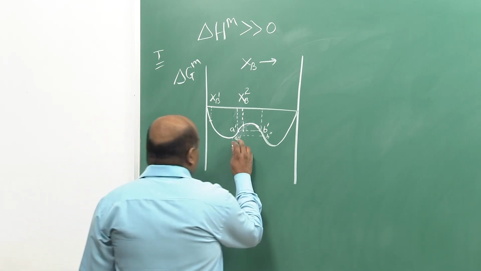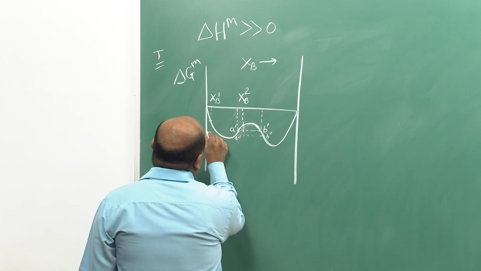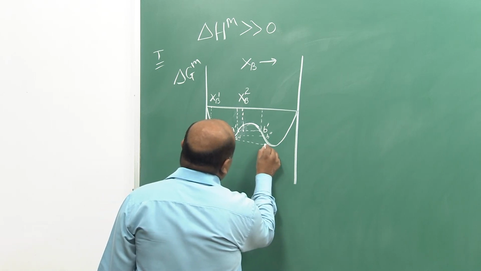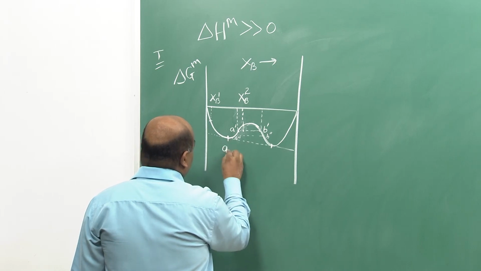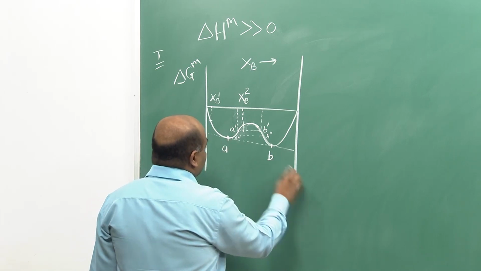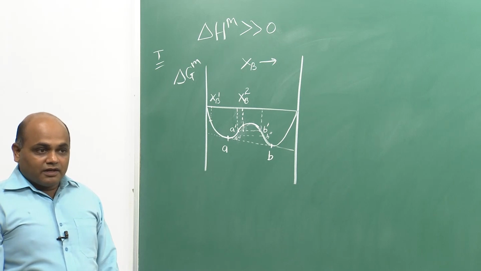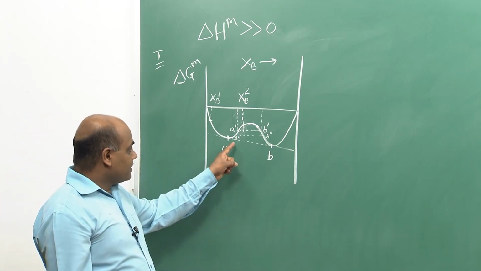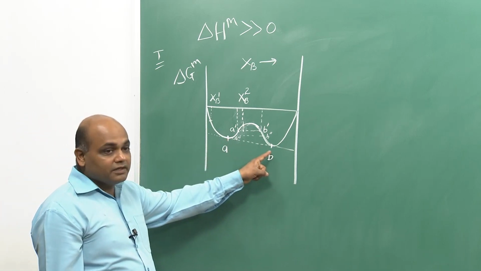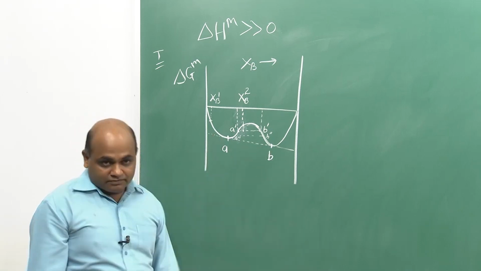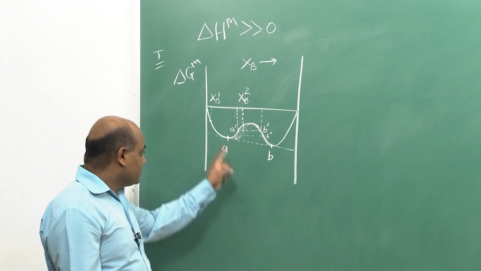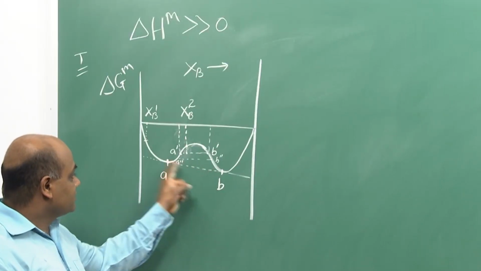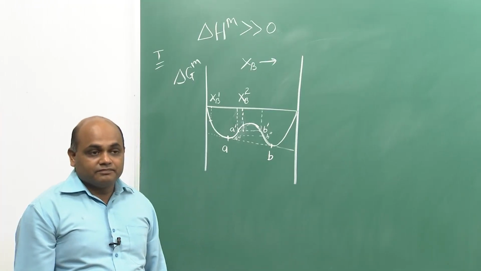If we analyze this, we will see that it will keep decreasing until we have an A rich solution with composition A, a B rich solution with composition B, and these points A and B are basically the touching points of the double tangent to the curve. Double tangent is basically the common tangent to both parts of the curve.